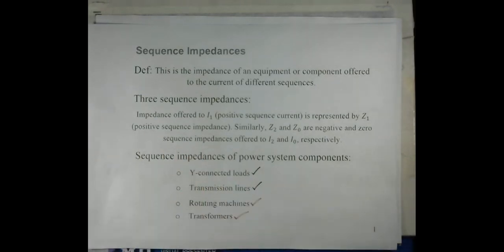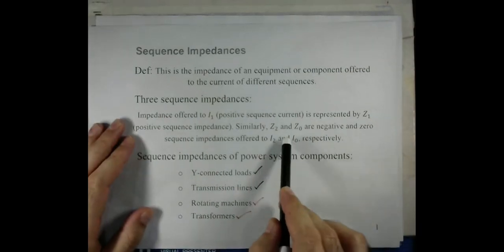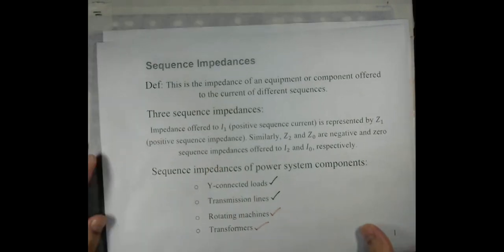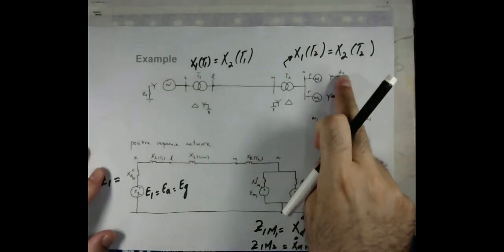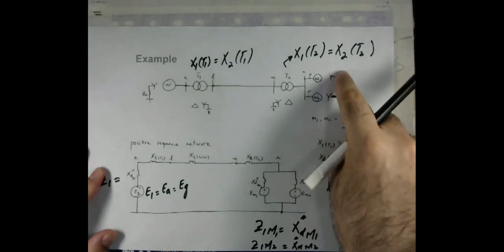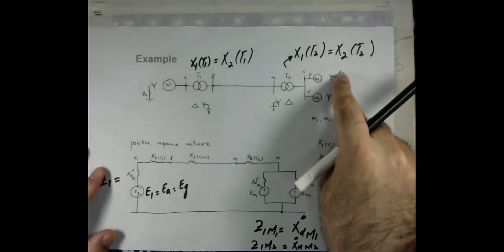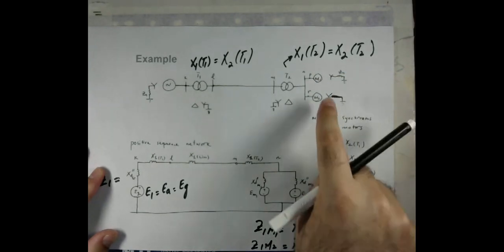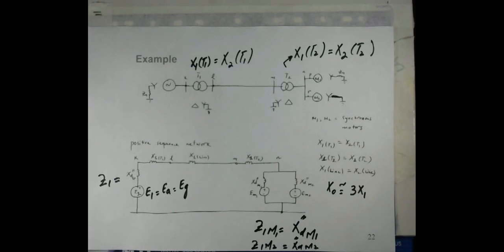We also observed that the positive and negative sequence currents do not flow through the impedance Zn. Only the zero sequence current flows through the impedance Zn, and the factor 3 we have discussed before. So to the zero sequence current, the impedance 3Zn is offered, or in this case 3X1.